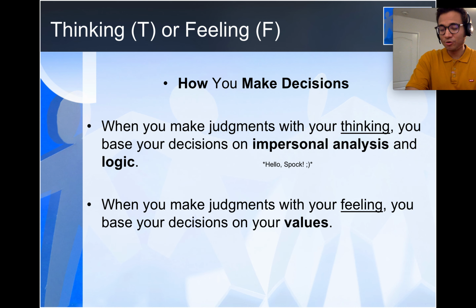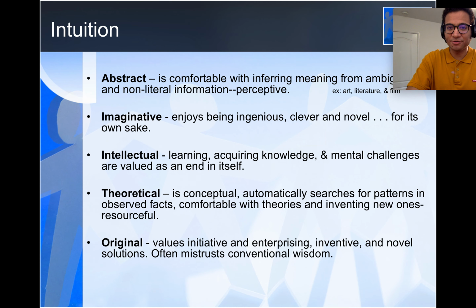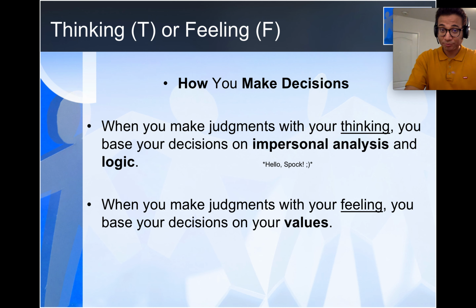Okay, so that second letter was how you process information, essentially. How you gather information, and then this third letter is how you make decisions. So now that you've gathered the information, now based on that comes the action portion, right? So how you make decisions.